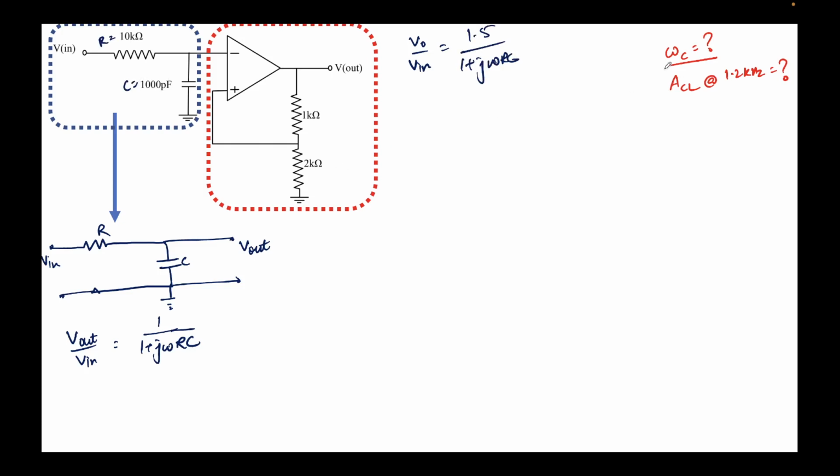Now we were required to find out omega C or fC, the cutoff frequency. Okay, so the cutoff frequency is simply when the coefficient of the real and imaginary part is the same, because cutoff frequency, or 3 dB frequency, both are the same terms, is defined as when gain becomes 1 by root 2 times the maximum gain.